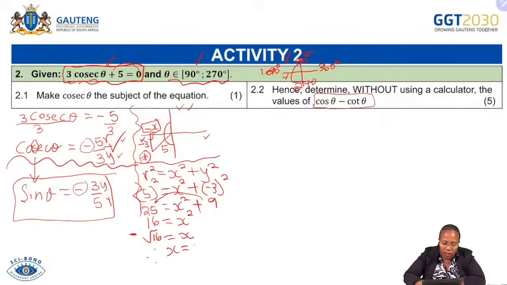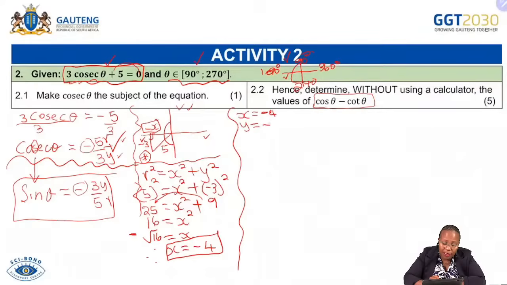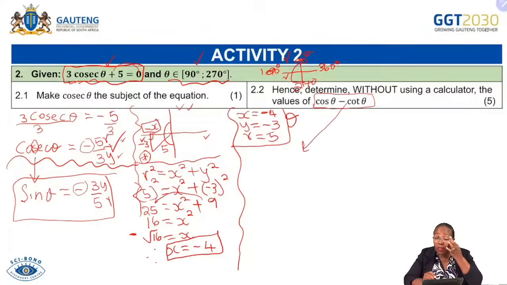Therefore, x is equal to negative 4. So now if we can collect our data here, we have x equal to negative 4. The y equals to negative 3, and the r equals to 5. R is always positive. And this works only if your angle is theta. And then now it's only then that we can answer that question, grade 12.